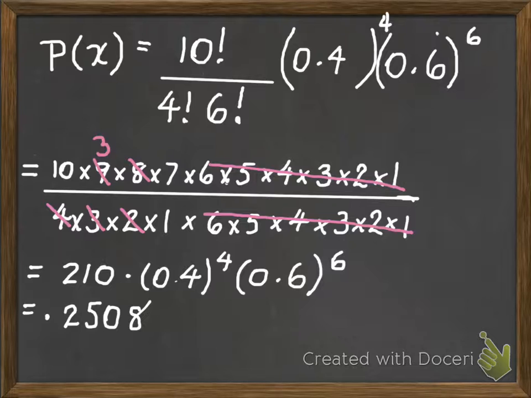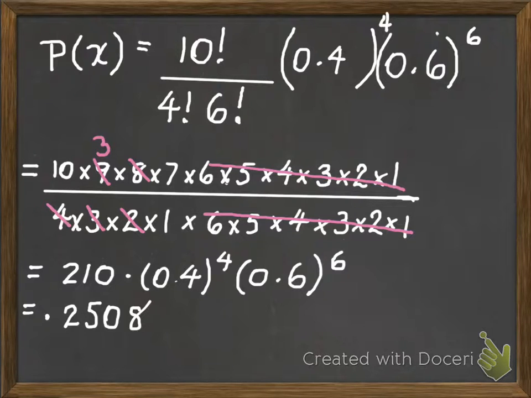And then on the bottom we have a 2 and a 4, and 2 times 4 is 8. That 8 can cancel with the 8 in the numerator position. And then we have the 3 in the denominator on the left. It cancels with the 9. 3 goes into 9 3 times.